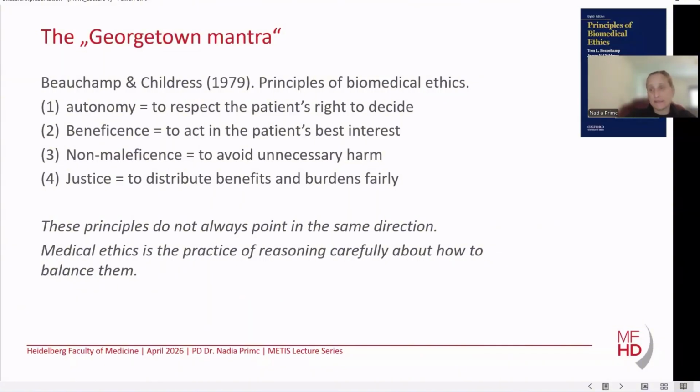Each of these is a general moral obligation for healthcare professionals, and these principles do not always point in the same direction. They may conflict, and when they conflict, the task of medical ethics is to reason carefully about how to balance them. So what I would like to do now is to apply those 4 principles to our 3 scenarios to get a better sense and estimation of them.